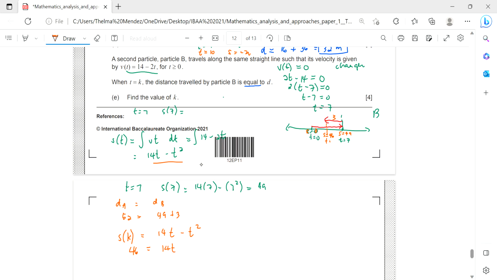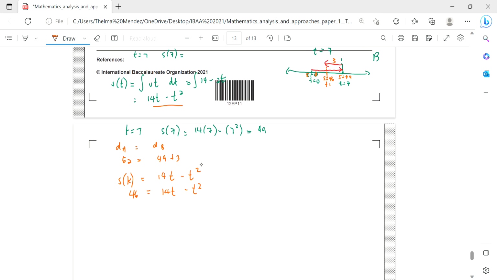So 14t minus t squared, that S of k, not knowing what the k is, but we know that it will be 46. Okay, so we can again use our factoring here. So we can have t squared minus 14t plus 46 equals 0.